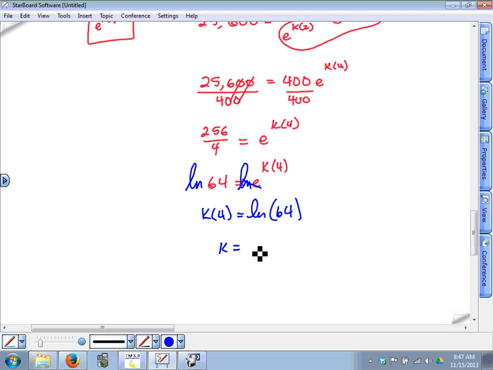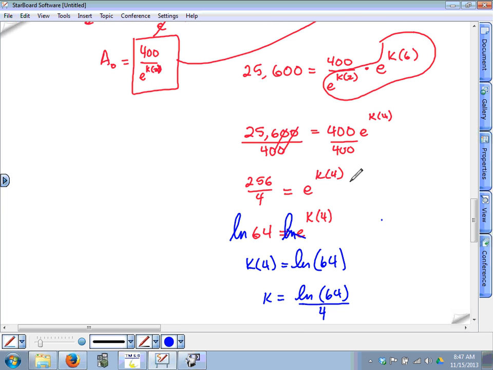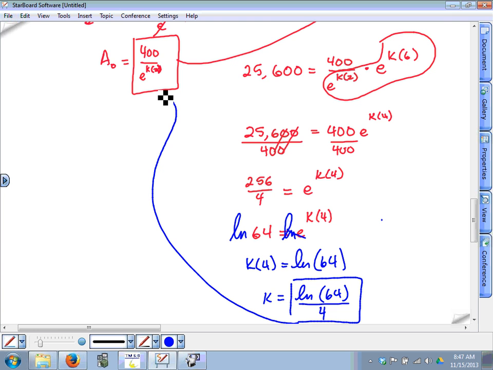So k is equal to the natural log of 64 all over 4. Now we know k. That's awesome. We don't know a sub 0. So now we have to take this value and plug it back in there for that k. So we can find a sub 0.